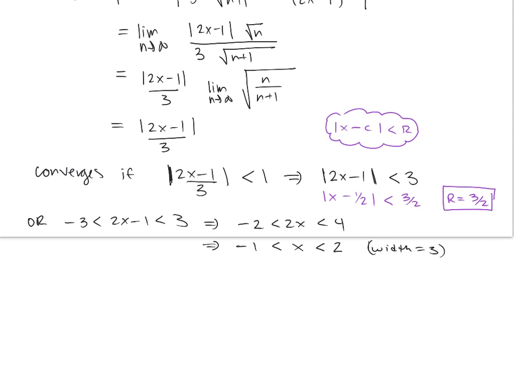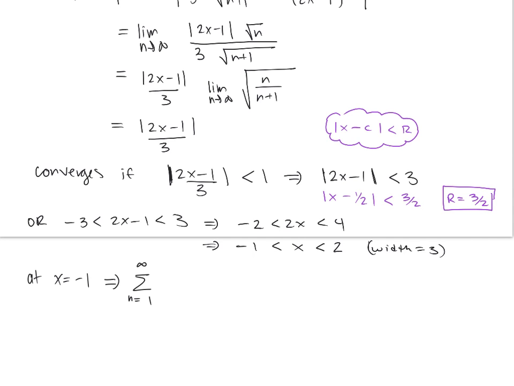Now just test those endpoints. So at x equals -1, still just in the AST, right? N equals 1 to infinity.